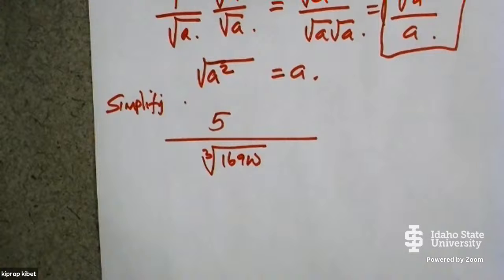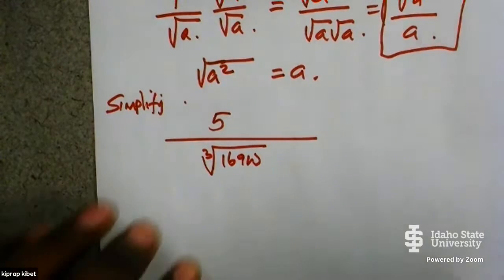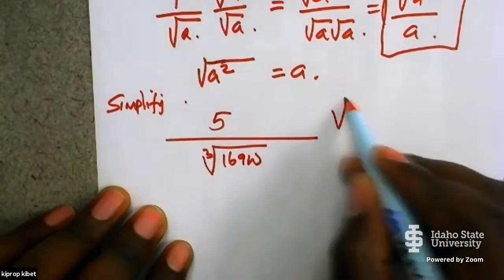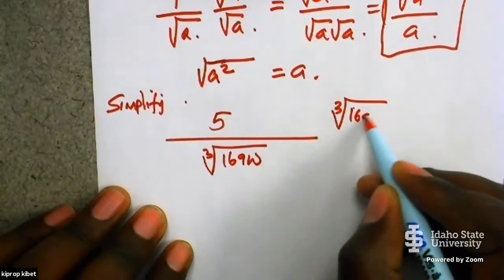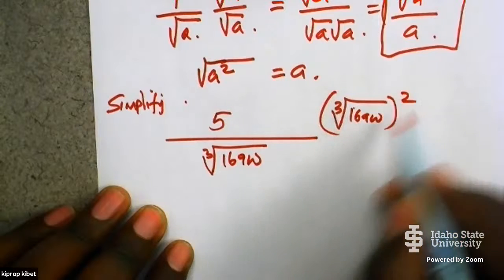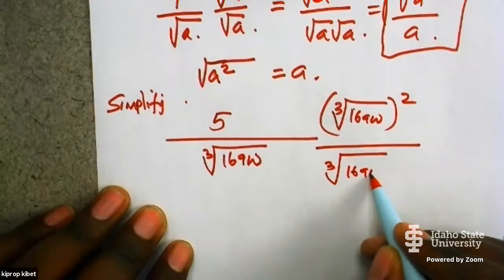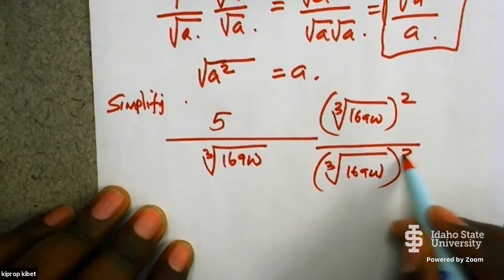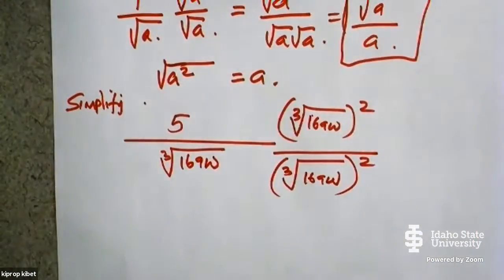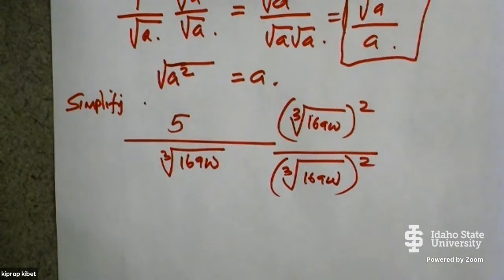It is 1. So what you do here is you multiply by the cube root of 169W squared all over the cube root of 169 squared, because this is 1 all over 3, and this one will be 2 all over 3.